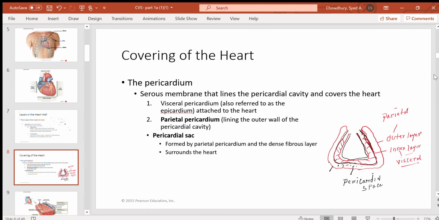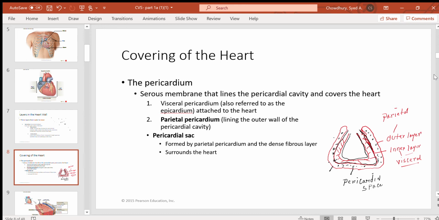And in this space you have a small amount of fluid, not fully filled. There is some fluid inside the pericardial space, and this fluid is like oil, a lubricating fluid. When the heart contracts and relaxes, these two layers, the outer and inner layers, move in opposite directions.